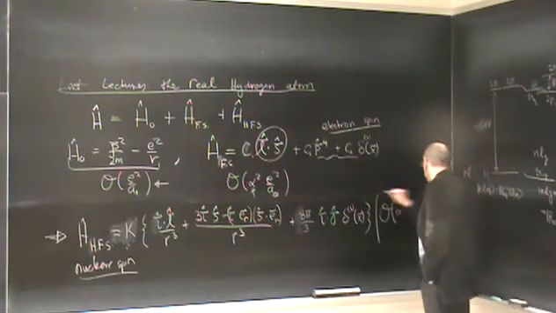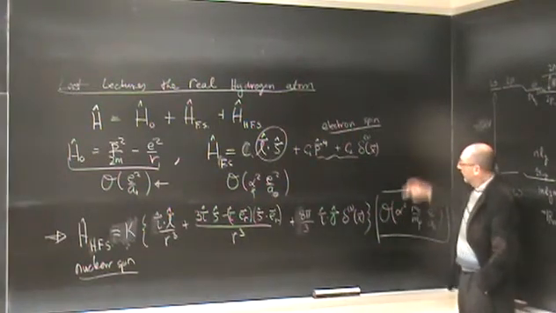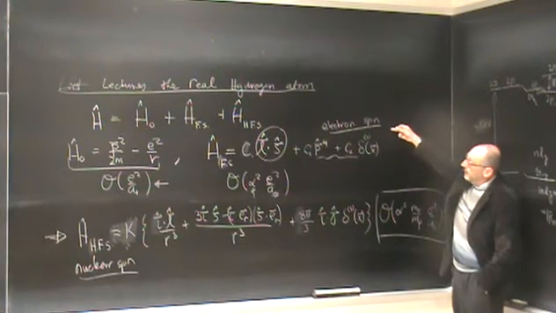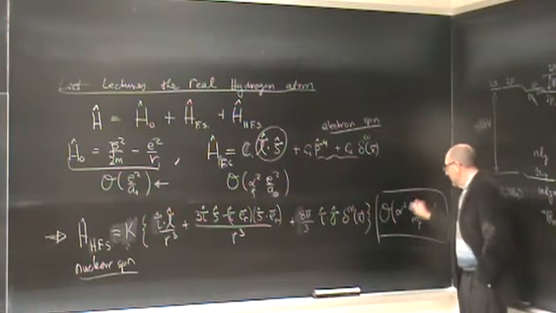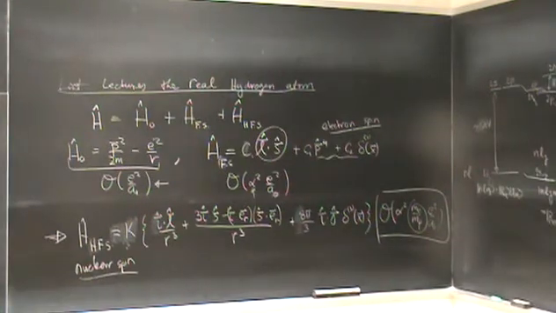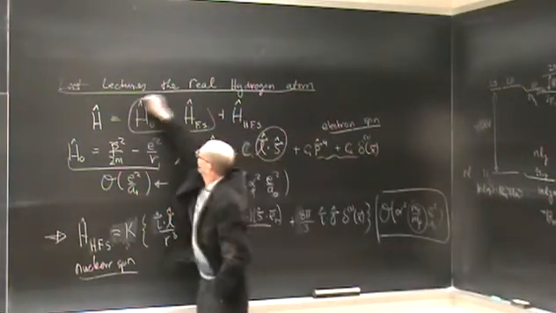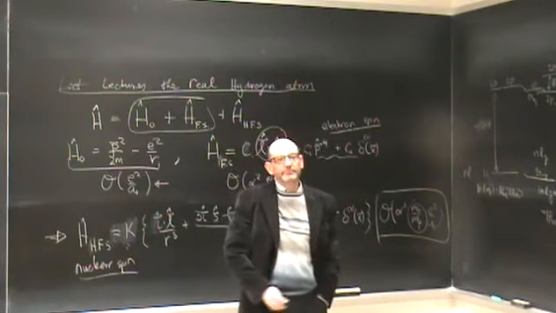And those energies are smaller than the energy scales associated with the fine structure by the ratio of the electron mass to the proton mass. So that's down by another factor of 10 to the minus 3, 10 to the minus 4, okay? So this can be considered a perturbation to this Hamiltonian, all right?